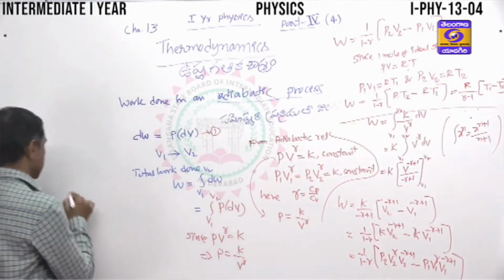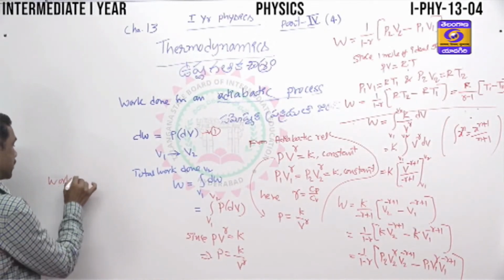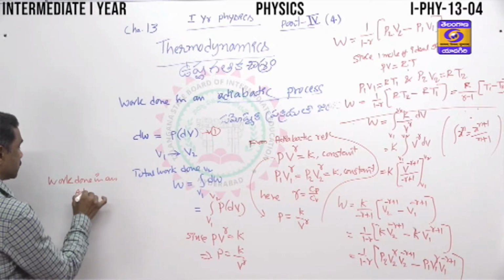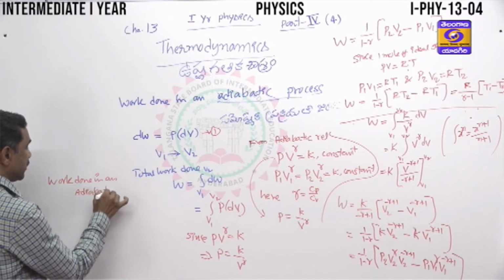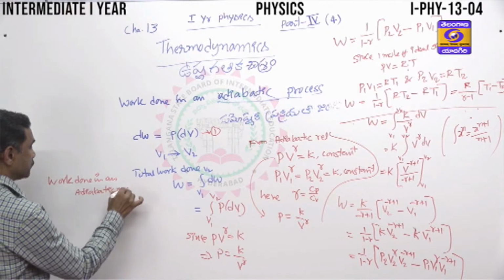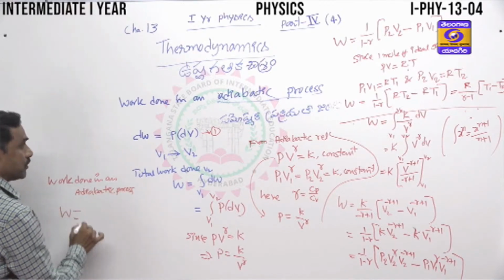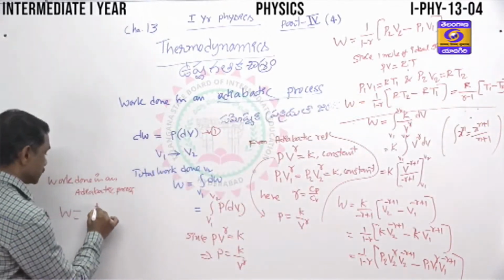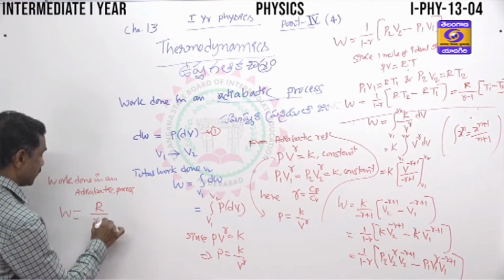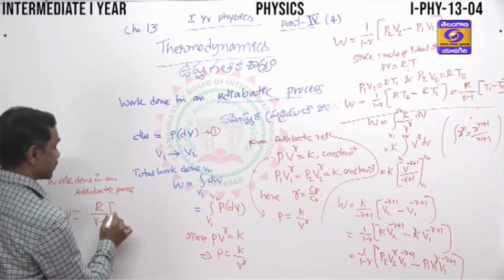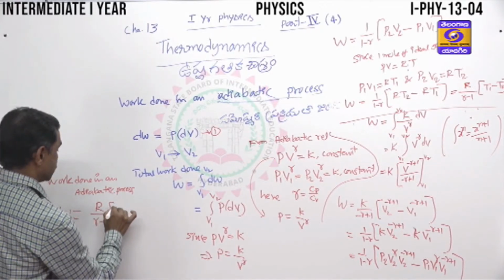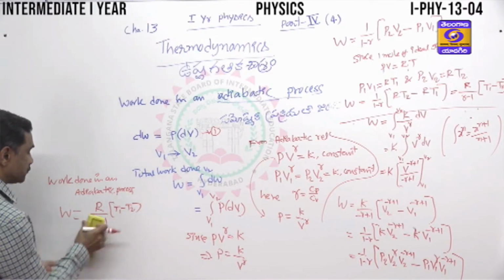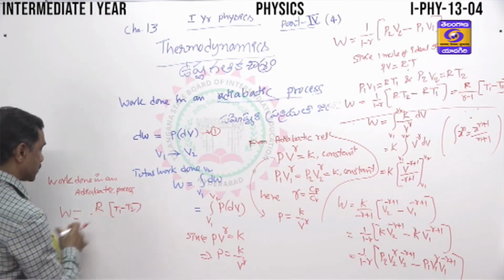I'll write here the final expression: the work done W in an adiabatic process is given by R divided by gamma minus 1 times the bracket T1 minus T2. Or you can write this entire expression together like this.